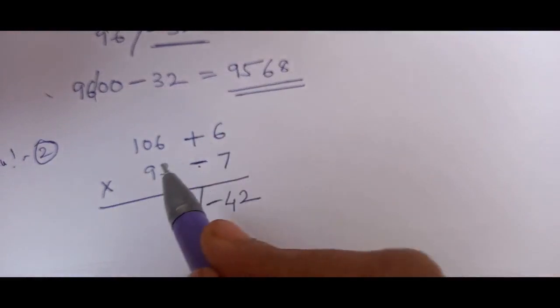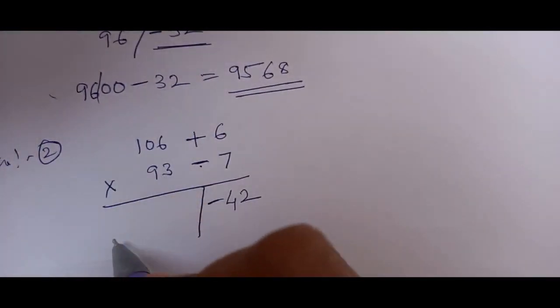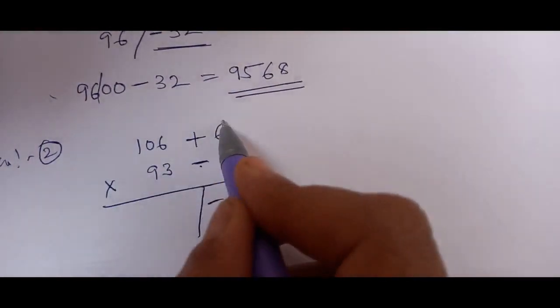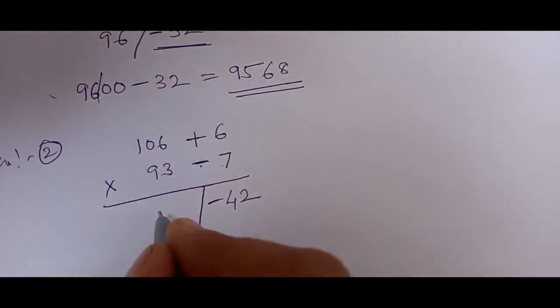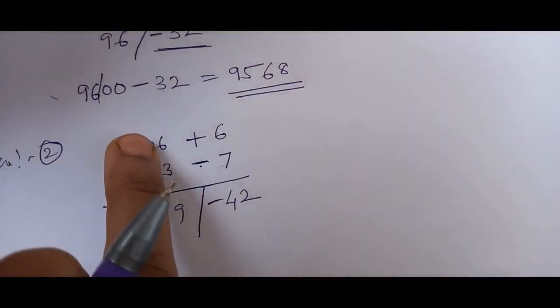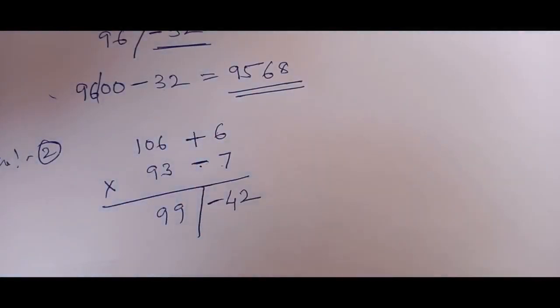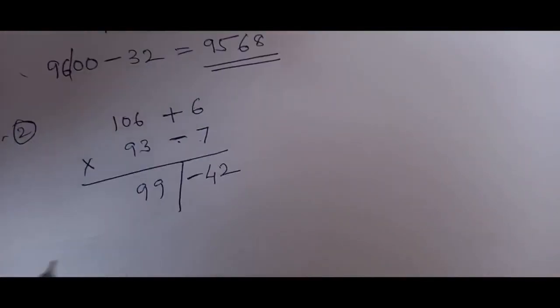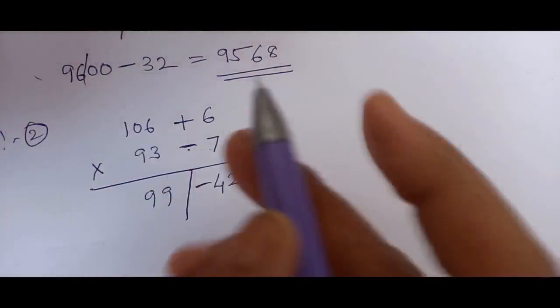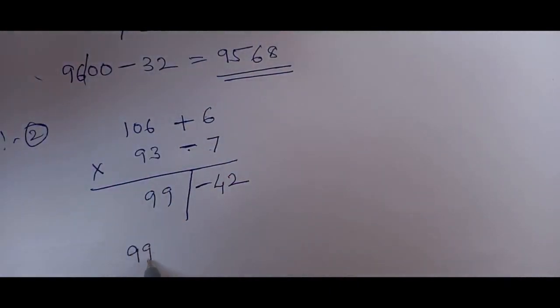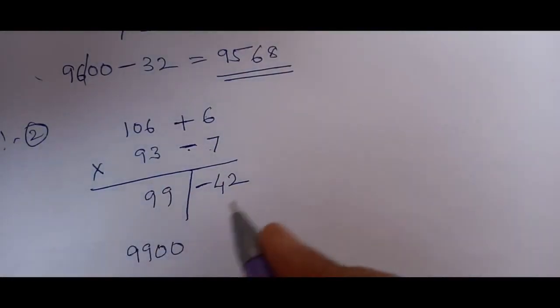Next, we can obtain this number by adding these two or subtracting this one. So 93 plus 6 is 99. At the same time 106 minus 7 is also 99. So I am writing 99 here directly. Now these two are near to 100, so write 2 zeros to this LHS part.